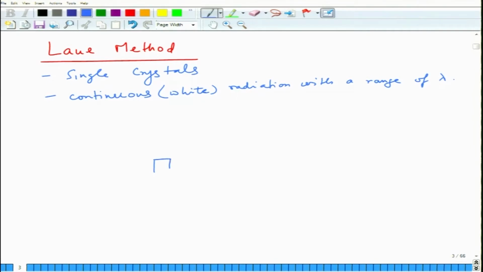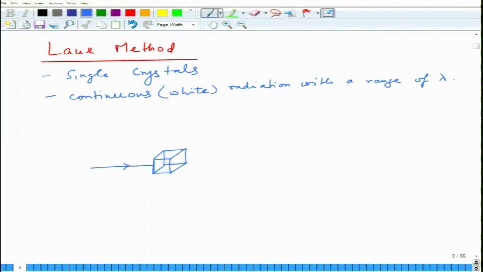Basically you have a crystal like this, a single crystal in fixed orientation. A single crystal will have planes at different angles.